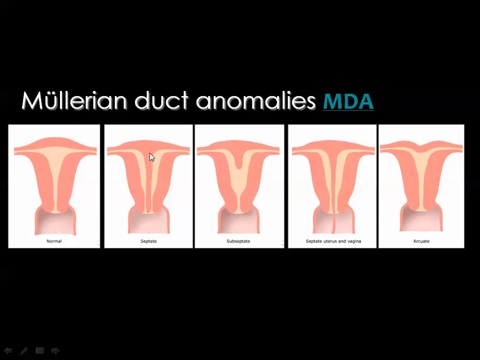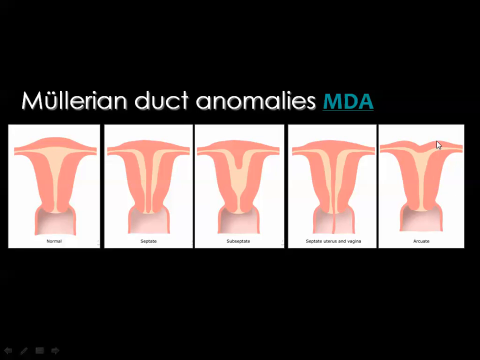And you see, it depends on the size of the septum. The septum may involve the whole cavity, and this is septate, or involve part of the uterine cavity, and this is subseptate uterus. And sometimes the septate uterus may have also a septum in the vagina.